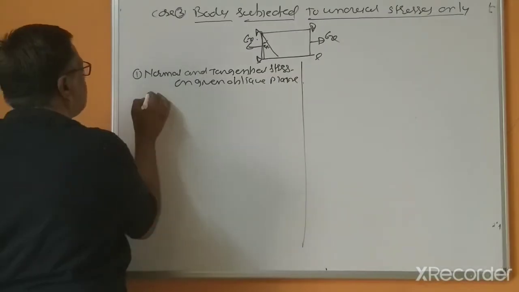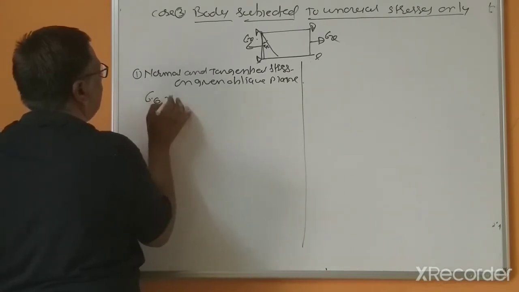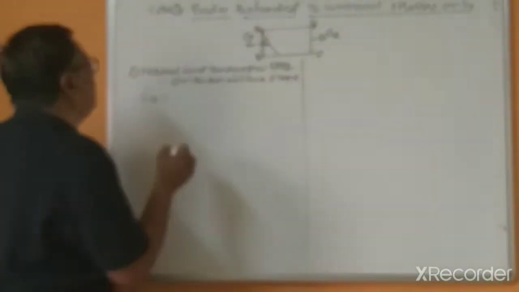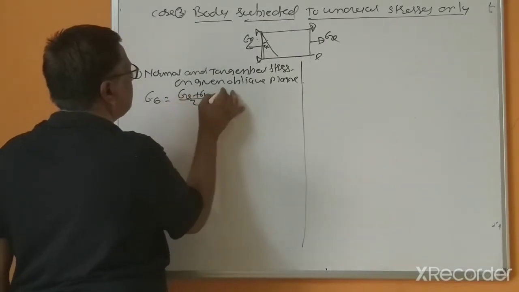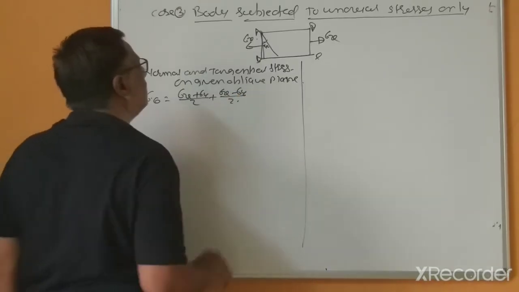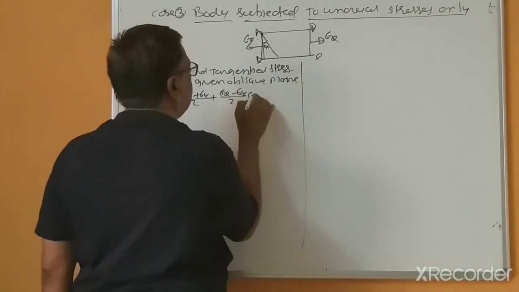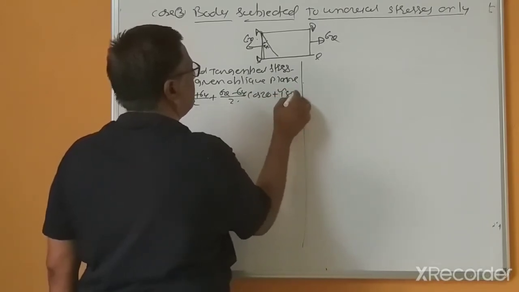So as you know, sigma theta equals, for the first case formula, sigma x plus sigma y divided by 2 plus sigma x minus sigma y divided by 2 cos 2 theta plus tau sin 2 theta.